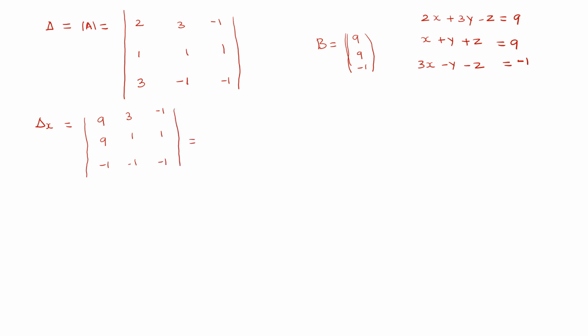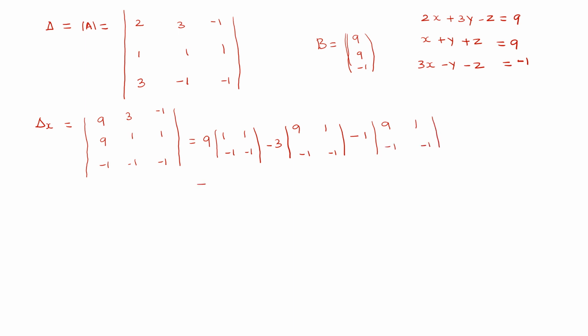Now we expand this matrix row-wise. So 9 times its minor matrix, which is 1, 1, -1, -1. Then -3 times the minor matrix 9, 1, -1, -1. And for the minor matrix of -1, we remove the first row and third column, so we get 9, 1, -1, -1.